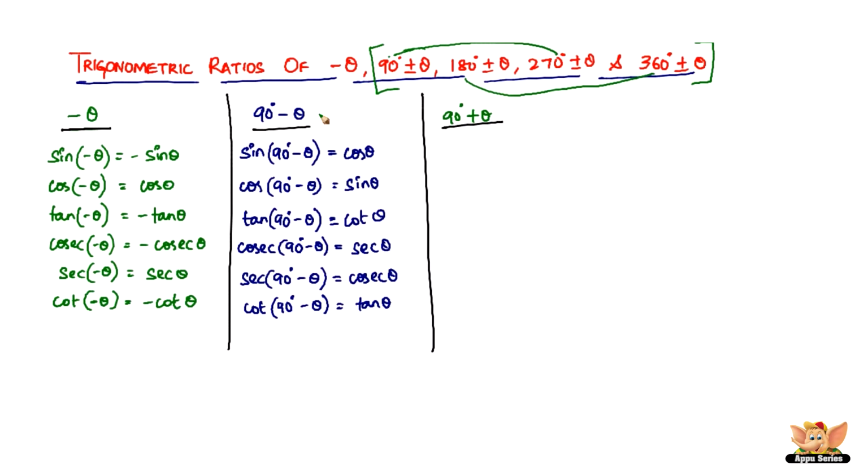Now we will observe what happens to 90 plus theta. So sine of 90 degrees plus theta is going to be cos theta.